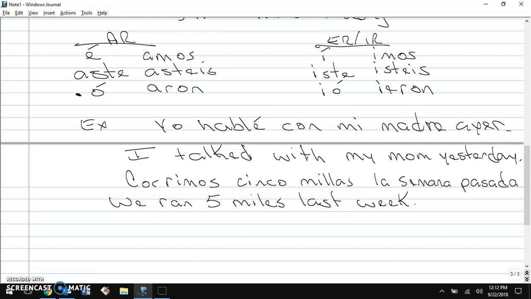And then finally, ellos salieron a las 7 anoche. They left at 7 last night.